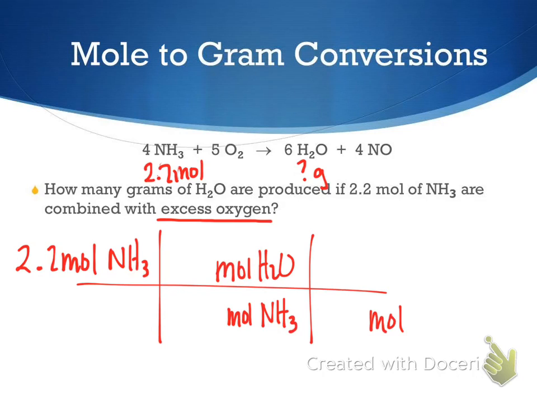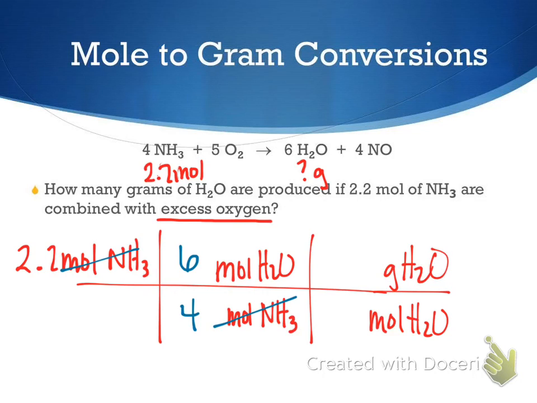Then we'll go from moles of water to grams of water. So here needs to be our mole ratio step. What's our mole ratio between water and ammonia? 6 to 4. Now moles here gets the 1, and molar mass of water is 18.